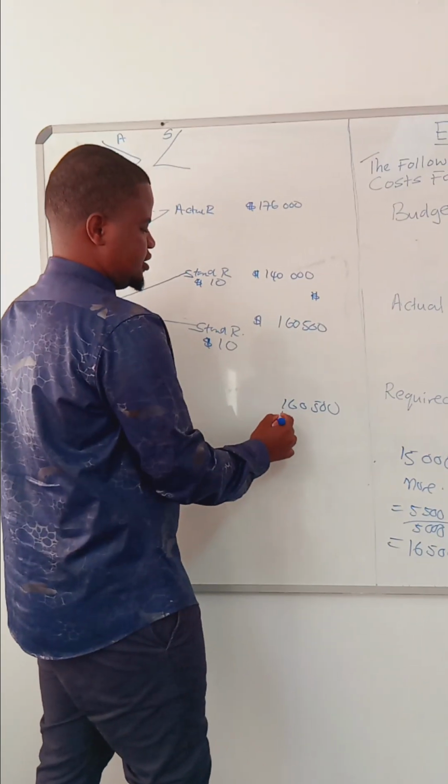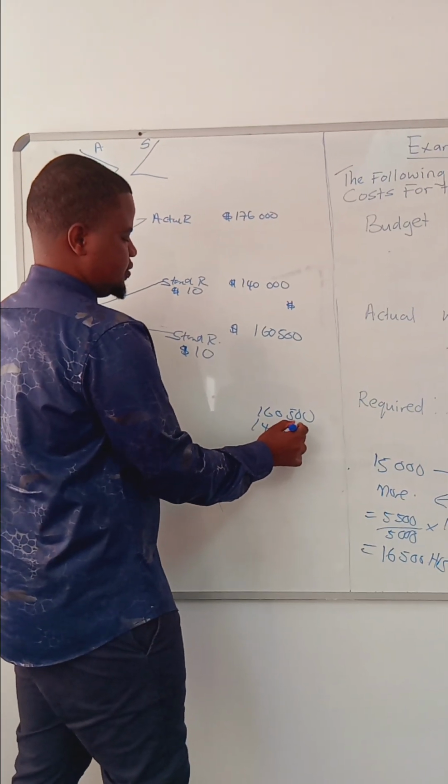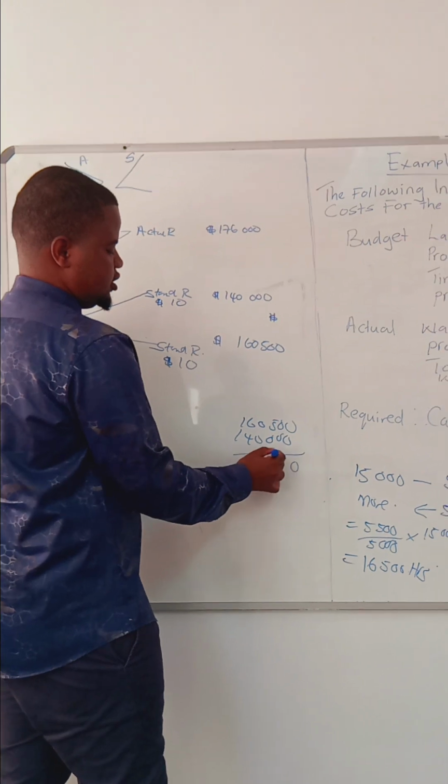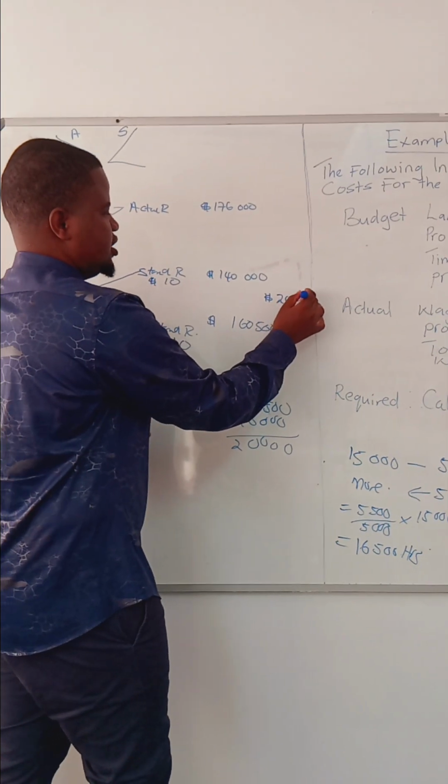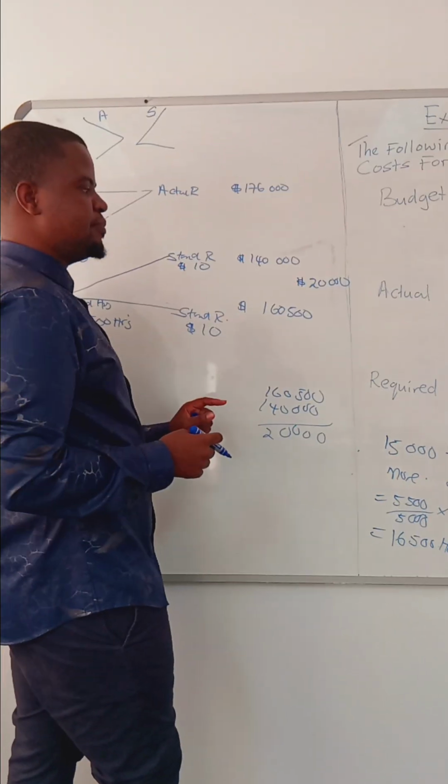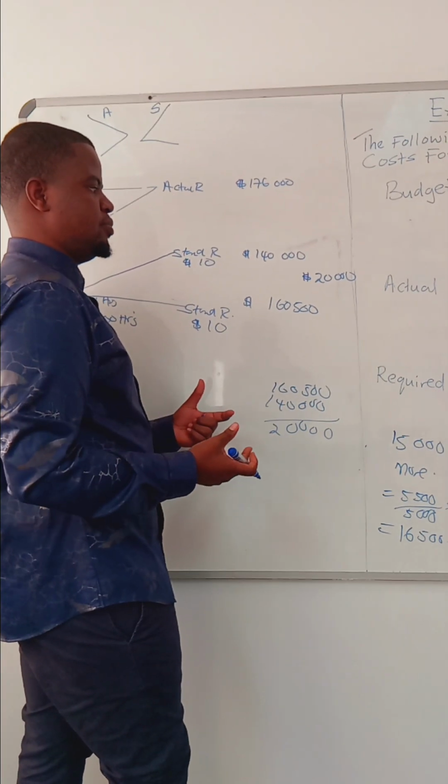It means it is 20,000. Is this favorable or adverse?